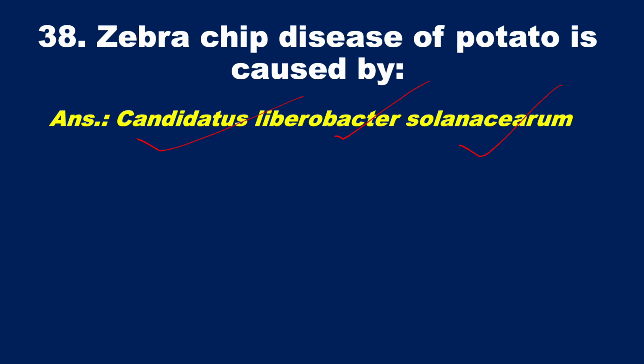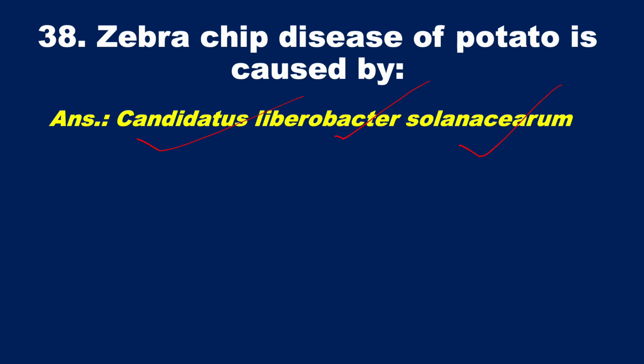While the external striping is the most visible symptom, zebra chips can also cause internal discoloration with brown streaks or flecks, sometimes present in the flesh of the tubers, and the disease significantly reduces the quality and marketability of affected potatoes.